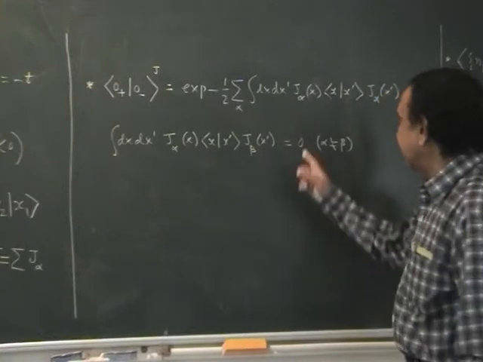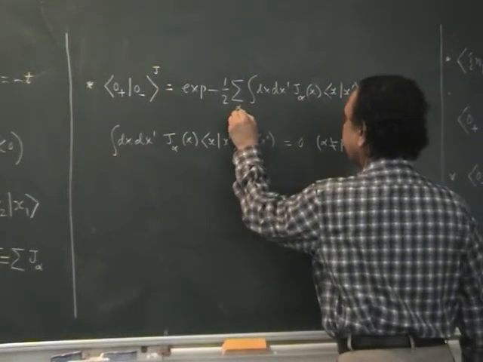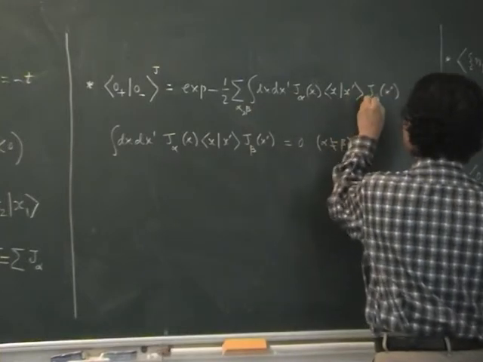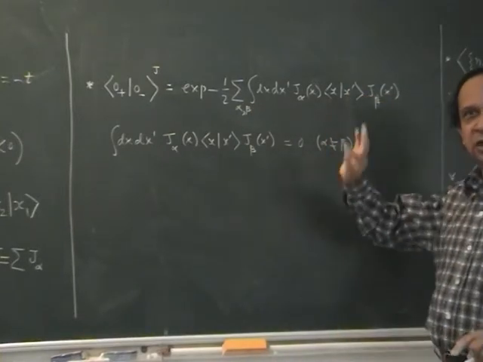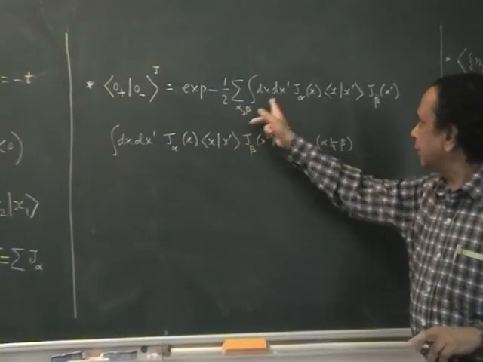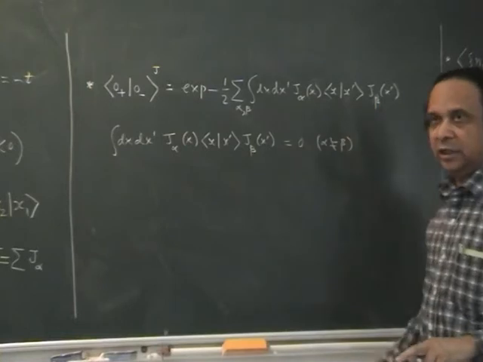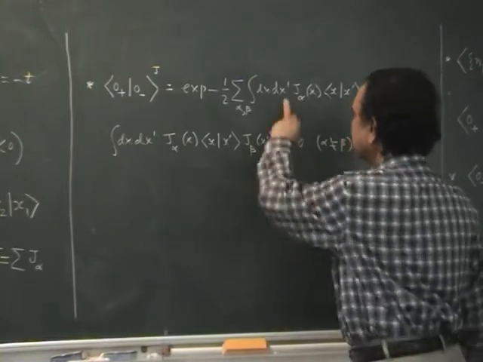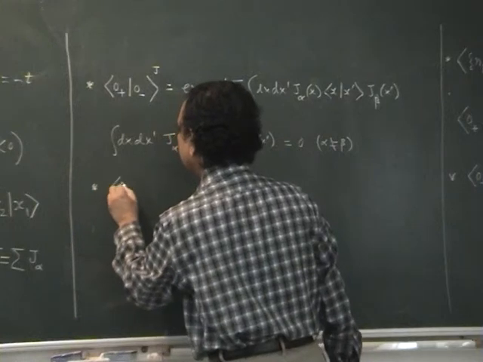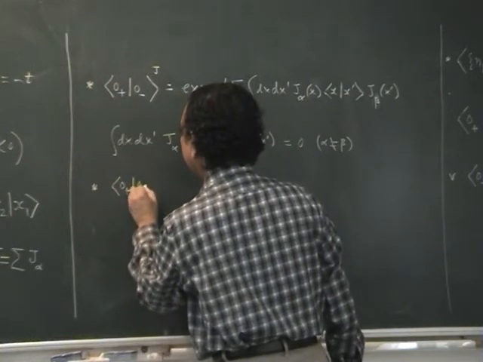Therefore, I can write this as a summation over alpha and beta, because all the cross terms are going to give me 0. Now you can take the alpha summation into this and the beta summation into it and you are done. So that expression is going to be equal to, for the uncorrelated sources, the expression which we obtained earlier.